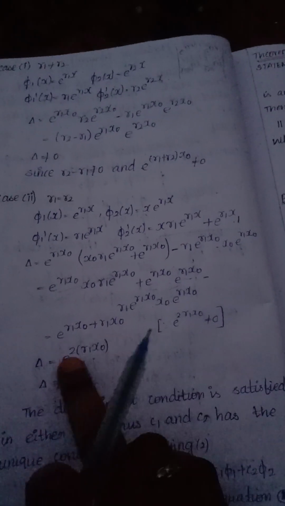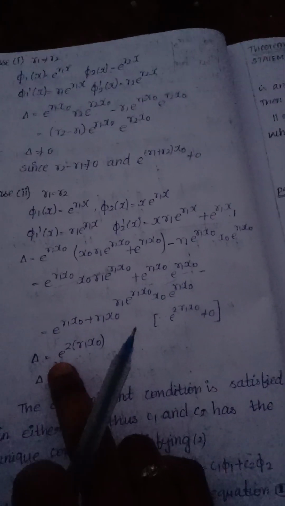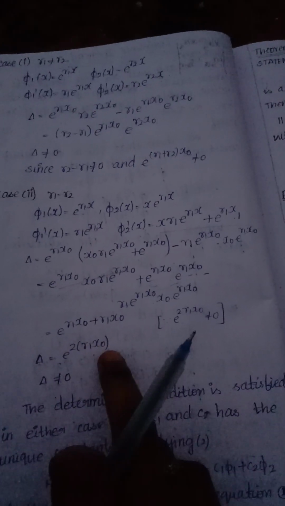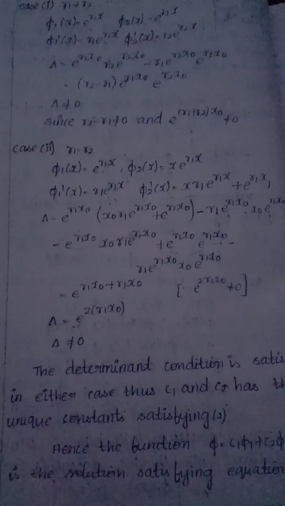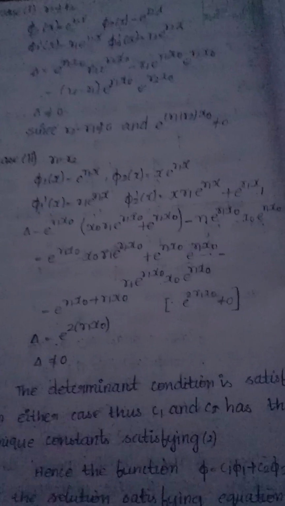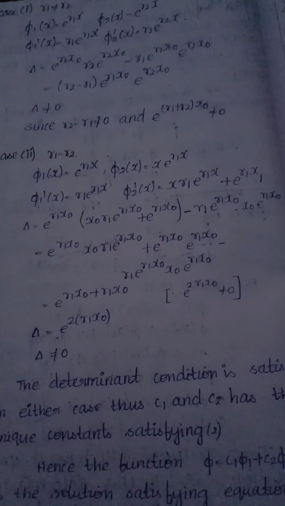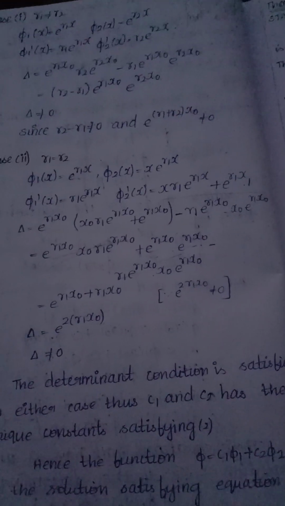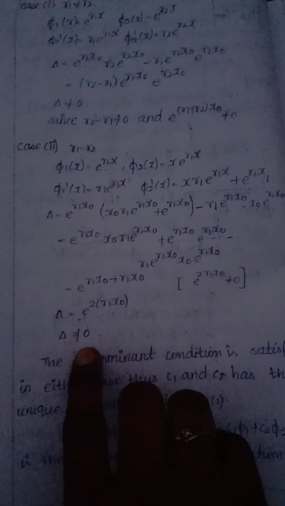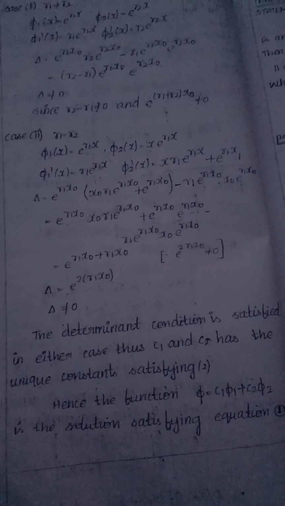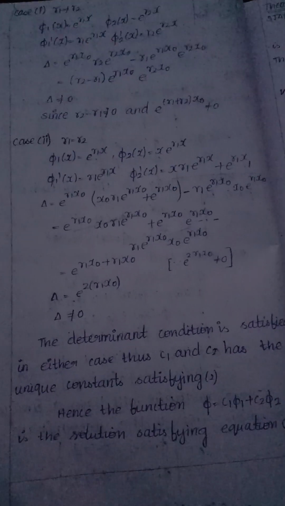On addition we get e power 2 r1 x 0. If r1 equals 0, e power 0 equals 1. So the determinant is not 0. The determinant condition is satisfied in either case. In both cases the determinant is not equal to 0.